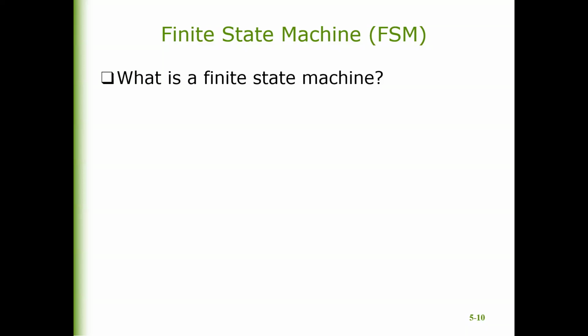And usually we have 2 types of state machines. One is called Moore finite state machines, Moore FSM. So for the Moore FSM, for example, we have a next state, which will be a function of our current state and our input.